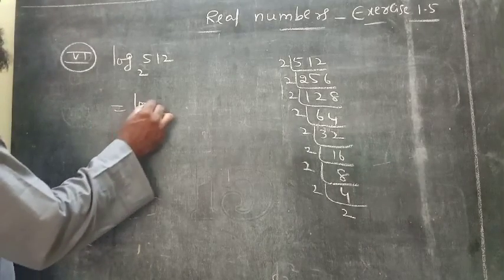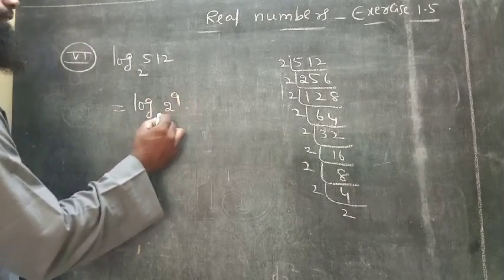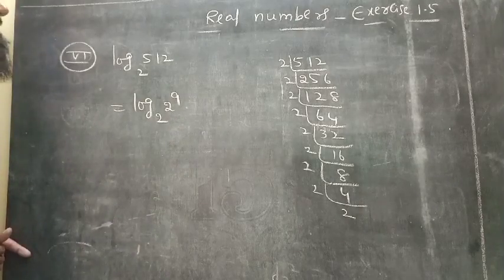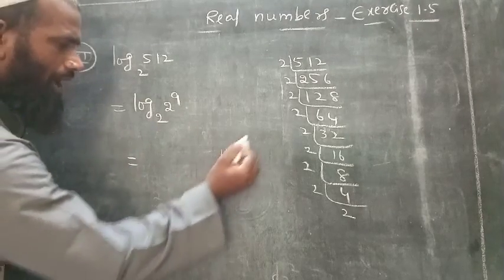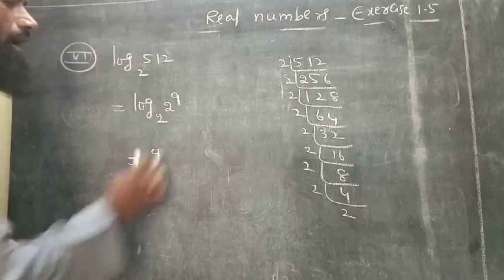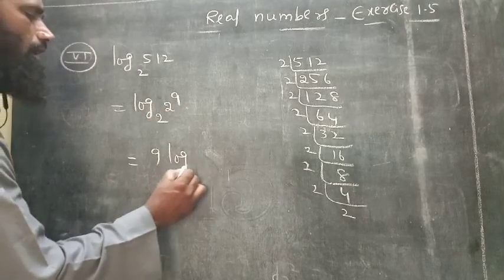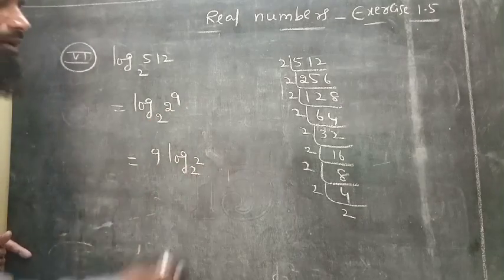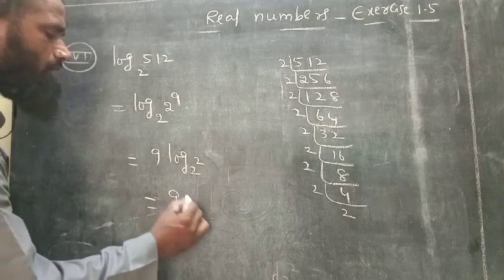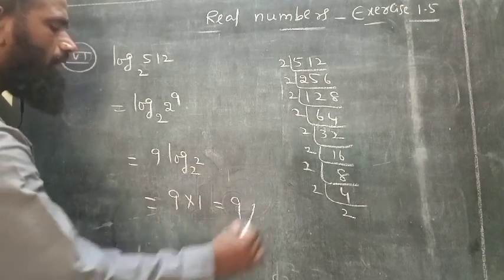That is log 2 power 9 base 2. So log a power n is n log a: 9 log 2 base 2. Log of any number to the same base, the answer is 1. That is nothing but 9. The answer is 9.